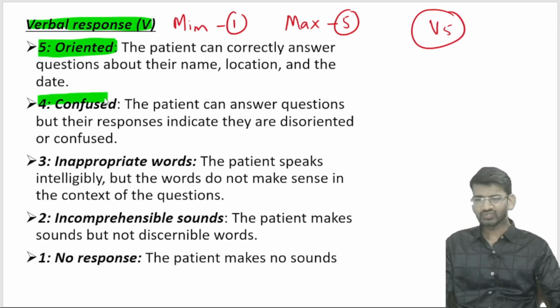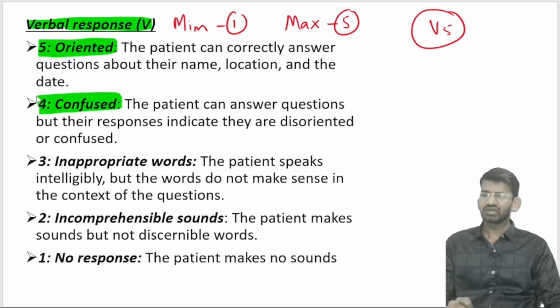And we will give a score of 4 if the patient is giving confused answers. See, what is meant by confused? You will ask the question and the patient is answering, but in a confused status, or disoriented, or the answers may be meaningless or wrong.